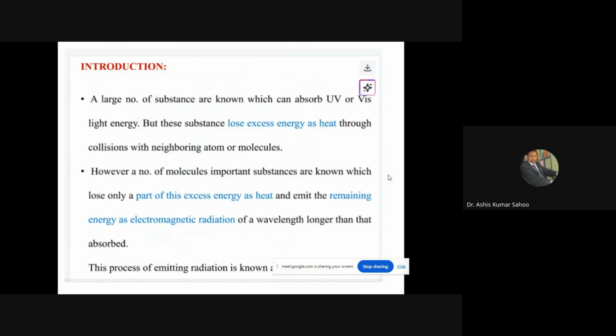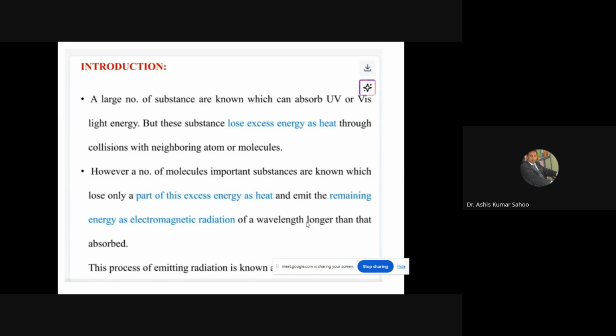A large number of substances are known which can absorb UV and visible light. But these substances lose the excess energy as heat through collision with neighboring atoms or molecules. However, a number of important substances lose only a part of this excess energy as heat and emit the remaining energy as electromagnetic radiation of a longer wavelength than that absorbed.